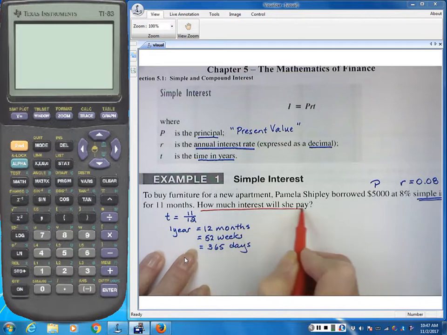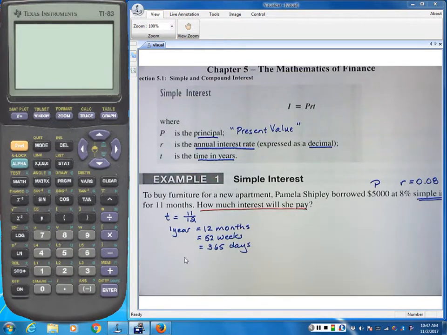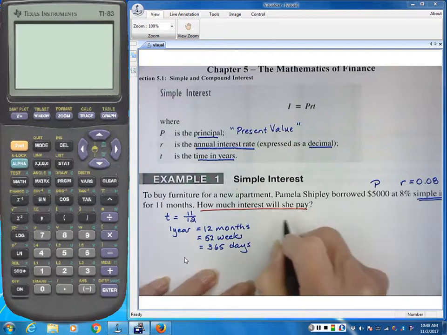The way that you calculate that is just substitute into the formula: interest equals principal times rate times time.